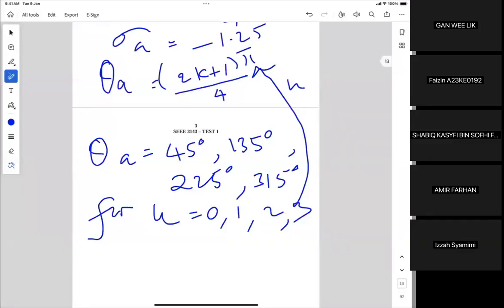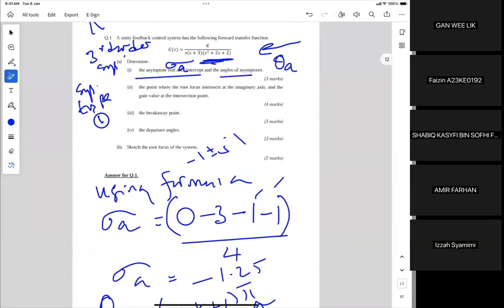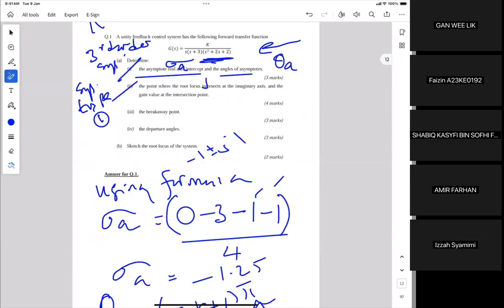Then find the point of the root locus intersects the imaginary axis and the gain value at that point. Okay, so this one is done. So this one you have to find the j omega and the gain k.